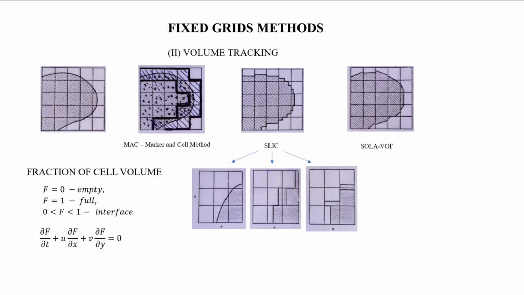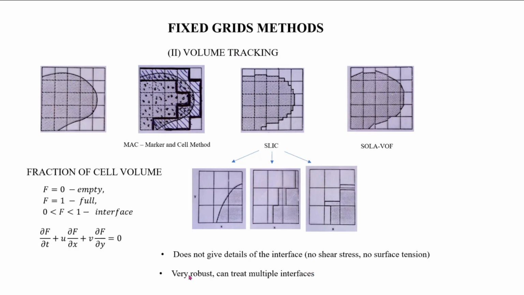On this basis, I reconstruct the location of the interface. So if I look at volume tracking, we do not get details of the interface, so no shear stress, no surface tension, but we can treat multiple interfaces, and the method is very robust. So depending on the application, this method could be suitable.